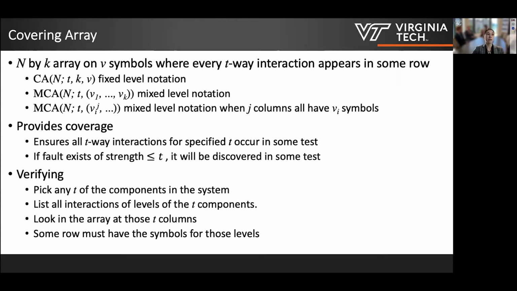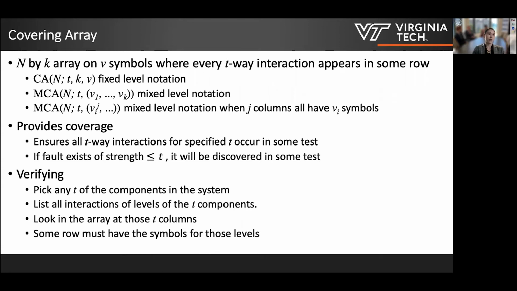When we have mixed level factors, we use MCA, and again, we list N as the number of rows in the array, T is the strength. And then we list out each of the levels for each of the factors. So V1 would be the number of symbols that we would see in column 1 for component or factor 1, all the way to Vk, which would be the number of symbols that would exist in the kth column representing the kth component or kth factor.